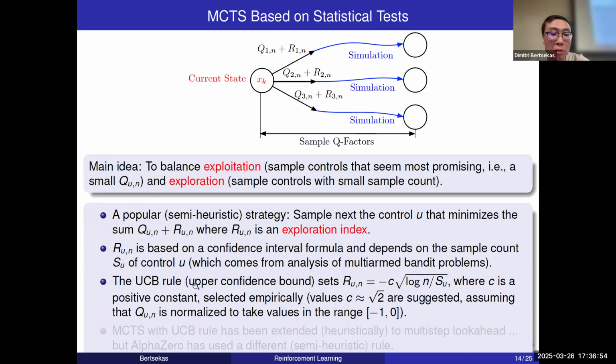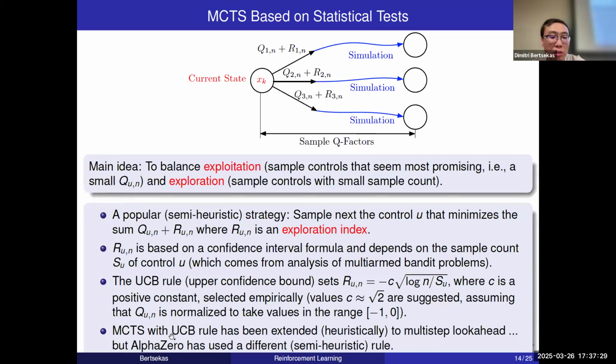And one of the formulas, which is called upper confidence bound, sets this value to be a scalar times this expression, where C is a positive constant, typically selected empirically. And in the literature, C equal to square root of 2 has been suggested, assuming the values of Q are normalized to take values within a range from -1 to 0.